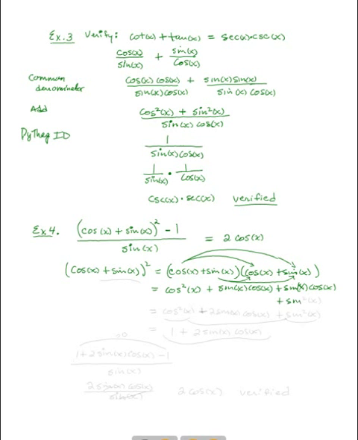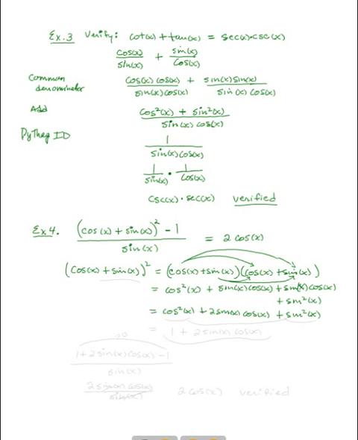So I have to go down to the next line there. So I've got 4 terms, and the first one is cosine squared, and the next 2 are actually the same, sine times cosine. So I can simplify that to cosine squared plus 2 sine of x cosine of x plus sine squared of x.